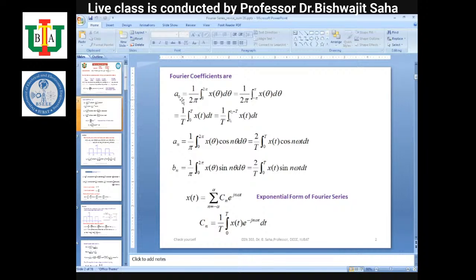To find a0 in the angle domain, we write 1 over twice pi, integral from 0 to twice pi of x of theta d theta.